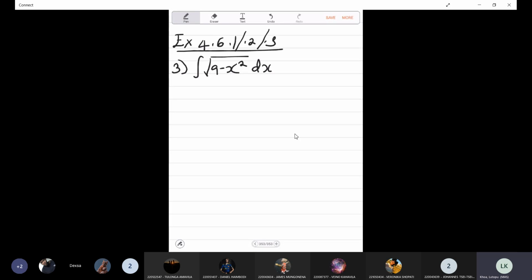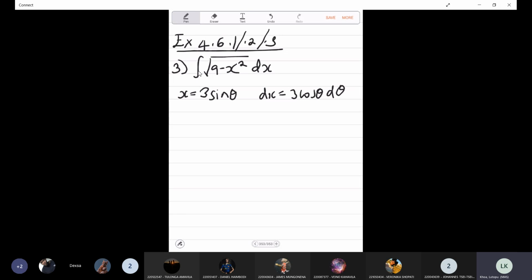dx. So again here, just make the substitution in terms of sine. So we will have x is equal to a sine theta. Here our a is 3, so we have 3 sine theta, and then our dx is going to be equal to 3 cos theta d theta.